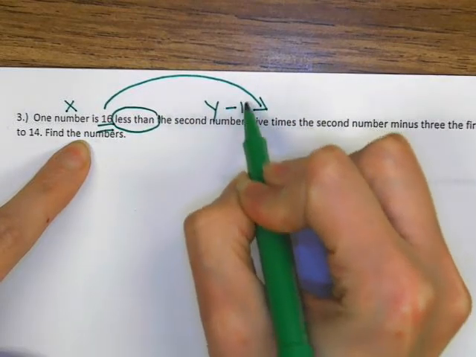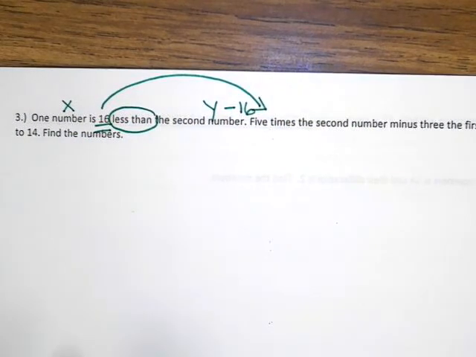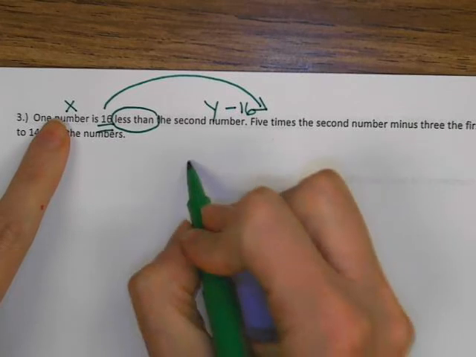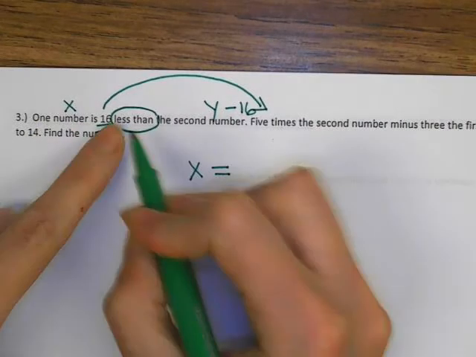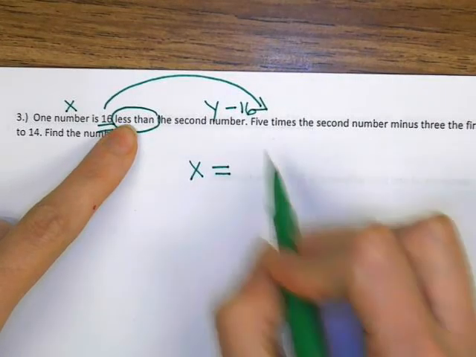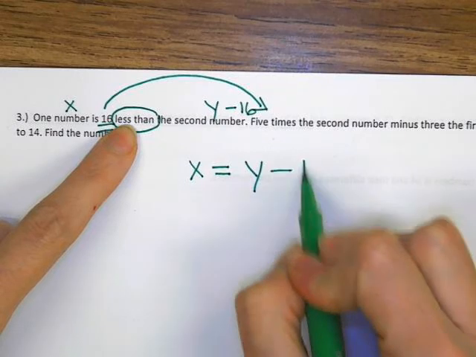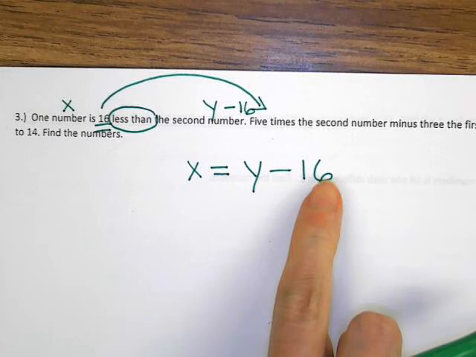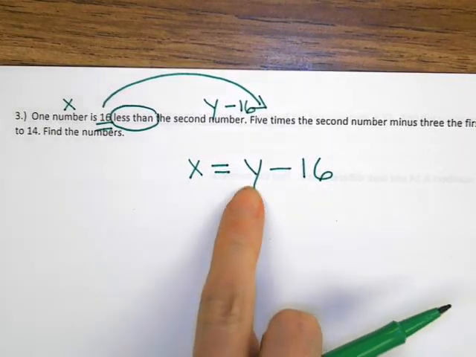So minus 16. Whenever it says less than, it means minus 16 at the end. So one number, x, equals 16 less than the second number. It actually means y minus 16. Because it means you're taking 16 away from a number.